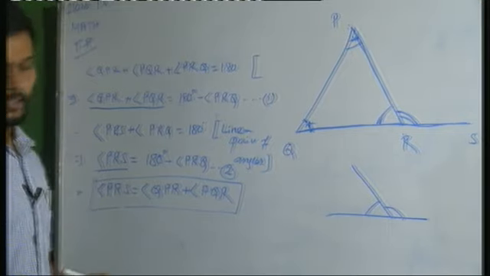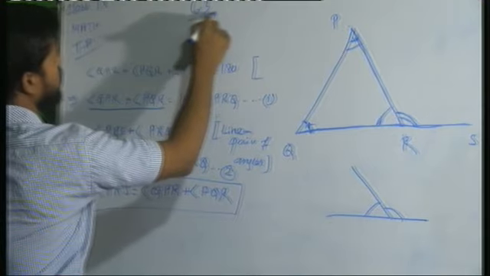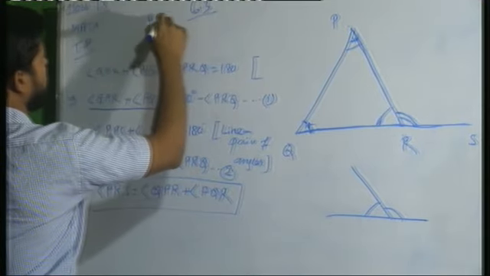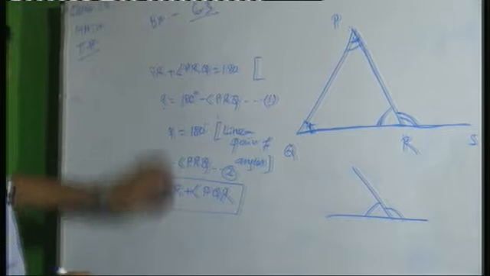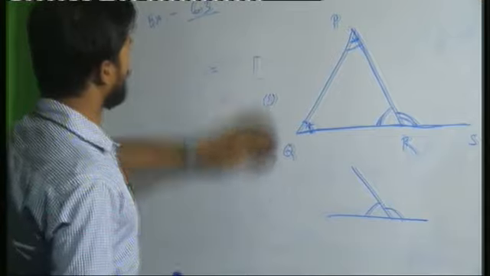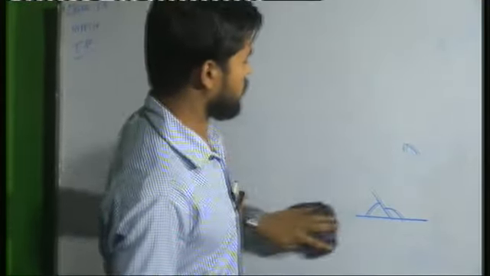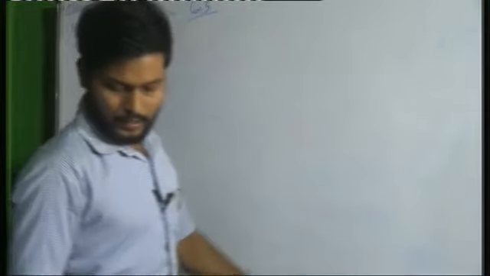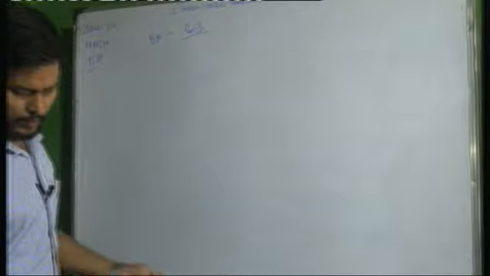Okay, so we are starting exercise number 6.3. Just have a look at the very first question of exercise number 6.3. The first question is in figure 6.39, the diagram is drawn here.